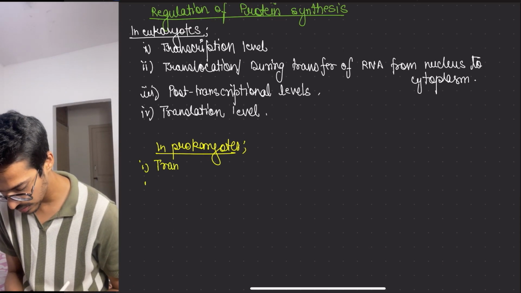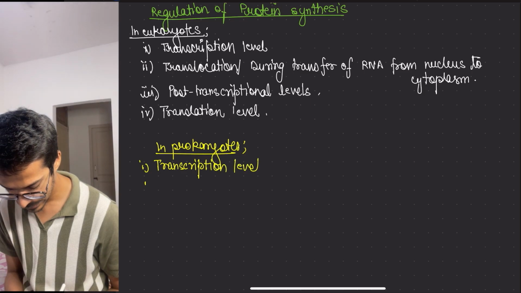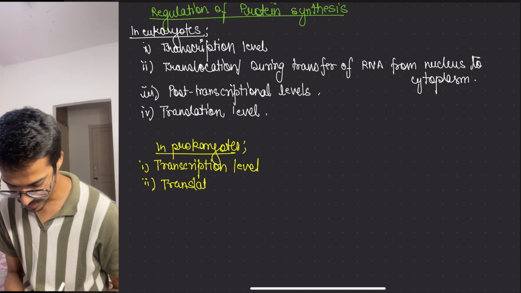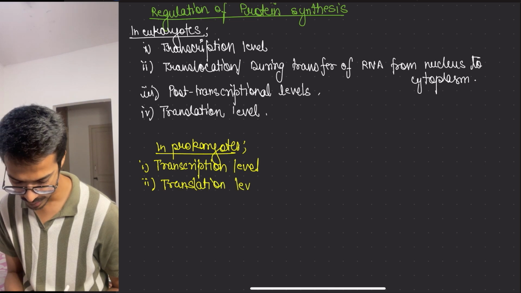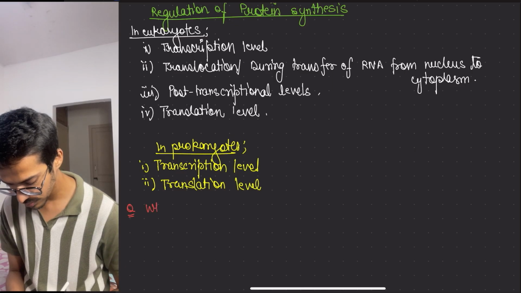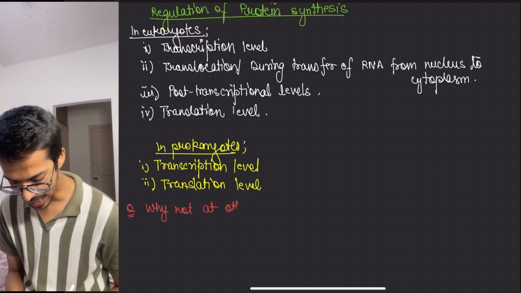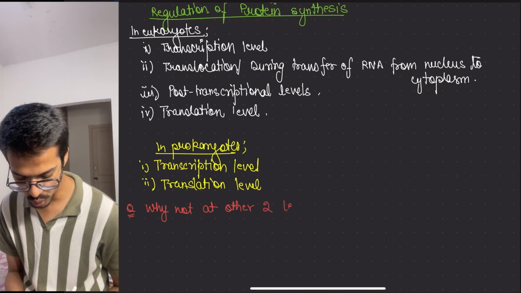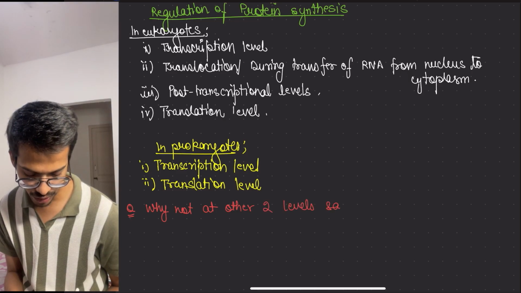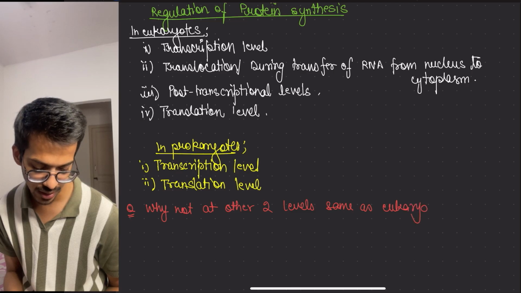The first is the transcription level, and the second is the translation level. Now the question is, why not at the other 2 levels, the same as in eukaryotes?